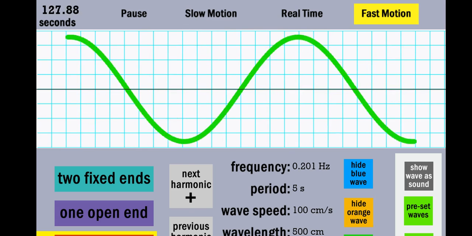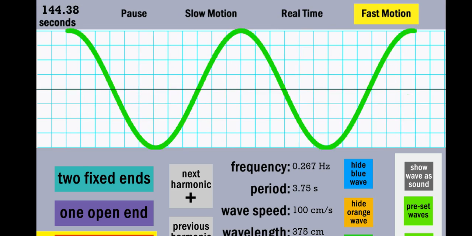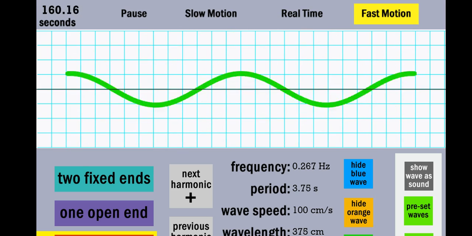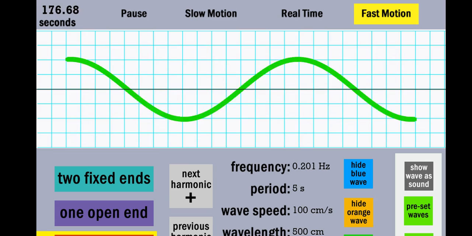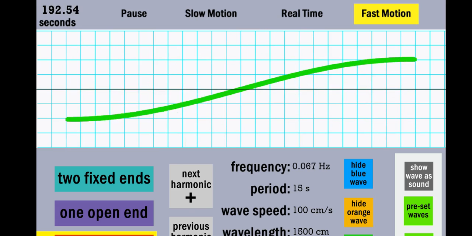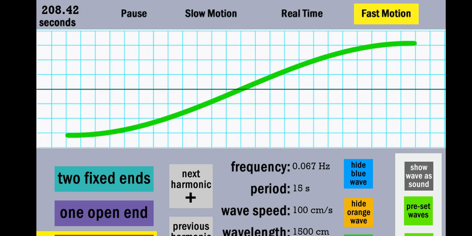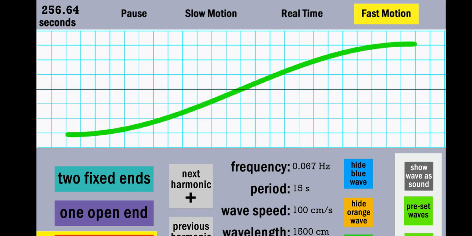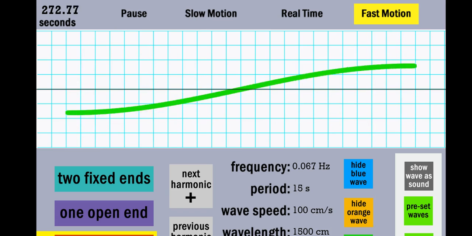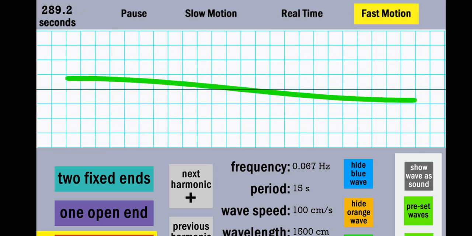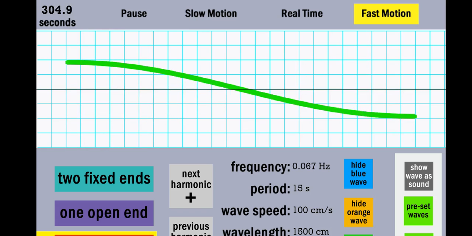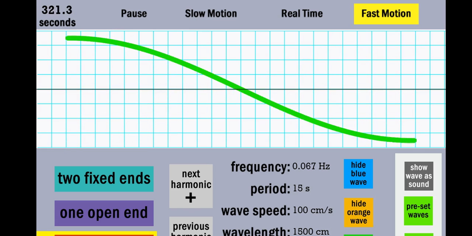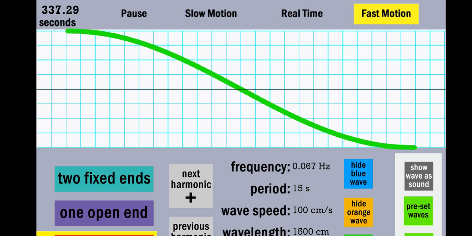What's common about all of these is they all have an antinode at each end. And notice that as you go to the higher harmonics, the frequency changes, the wavelength changes, the wavelength gets smaller, the frequency gets higher, but the product of the frequency and the wavelength remains constant because that's the speed of the wave. Speed of the wave is determined by the medium.